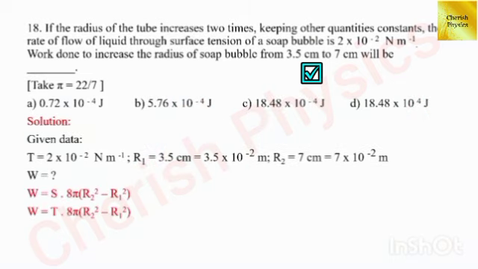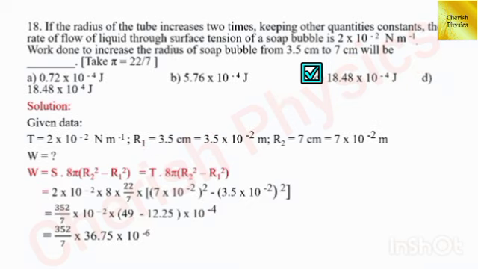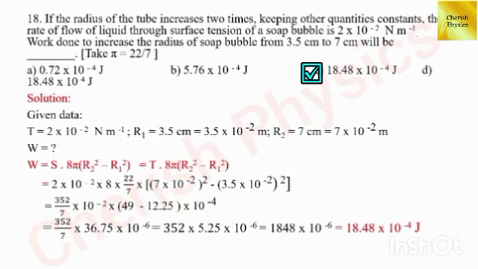Work done to increase the radius of the soap bubble W equal to S into 8 pi into R2 squared minus R1 squared, which is equal to T into 8 pi into R2 squared minus R1 squared, where S is the surface energy and T is the surface tension. As we already know, surface energy is numerically equal to surface tension. On substituting and simplifying step by step, we get the answer 18.48 into 10 to the power minus 4 joule.